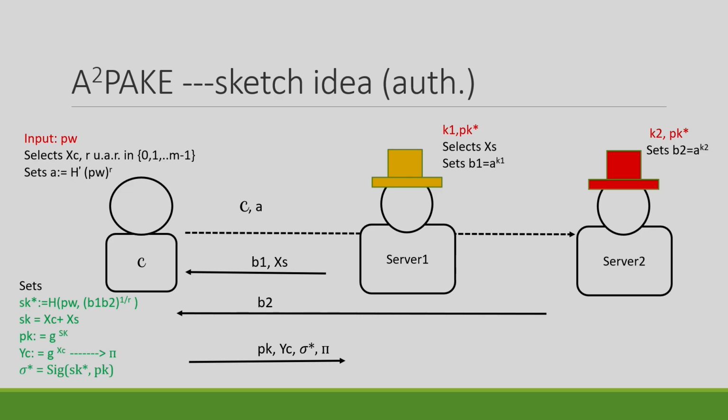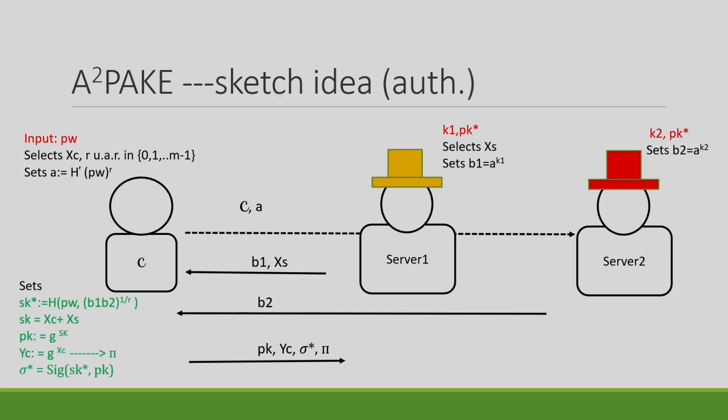These two random values, translated into bit strings or as integers, will be part of the secret key that is later to be established so that this client can sign.